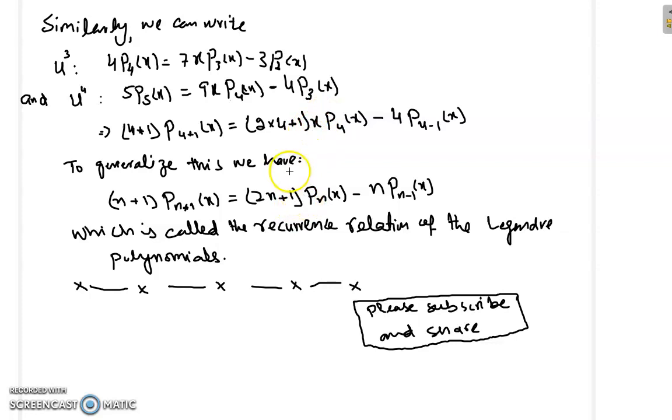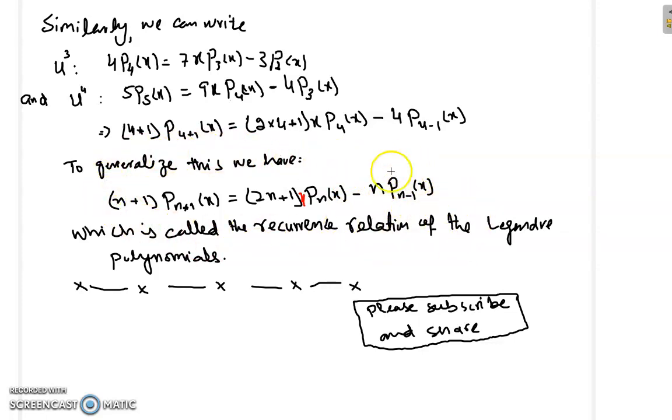Here is x, we had forgotten this. And p4, in place of 4 we have written n, and again in place of 4 is n, and n minus 1 of x. So this is the general formula.